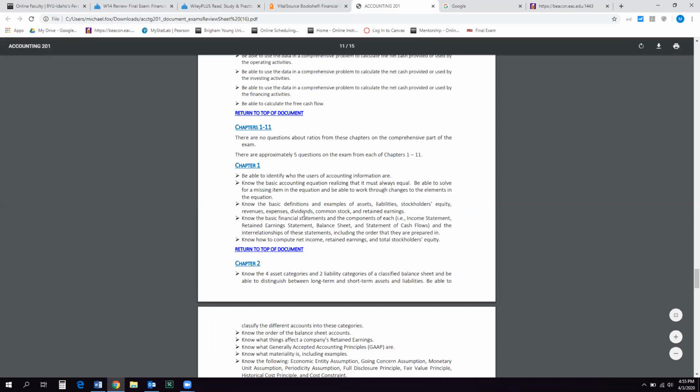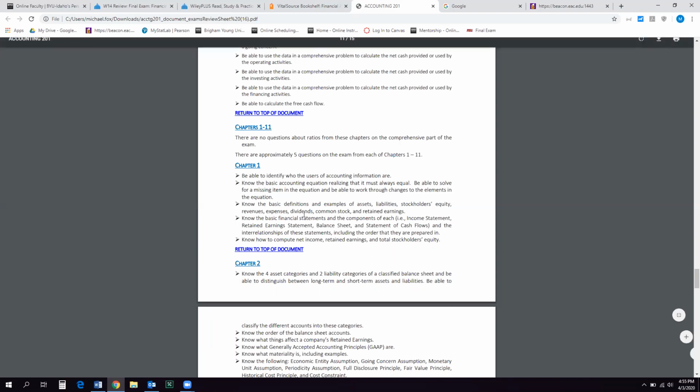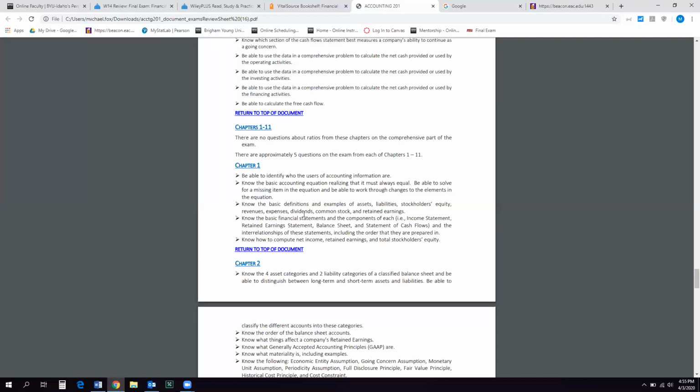Anyway, under the next one, which is know the basic definitions and examples of assets, liabilities, stockholders' equity, revenue, expenses, dividends, common stock, retained earnings. So we know assets are things that the company owns, and liabilities is money that the company owes to others. And then stockholders' equity is the difference between those two, which really means the amount of the company's assets after we subtract out liabilities that belongs to the shareholders or the stockholders.